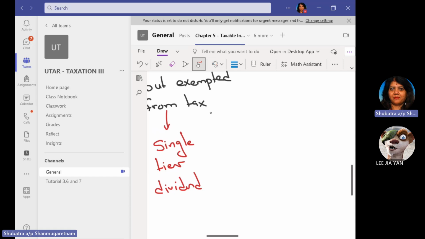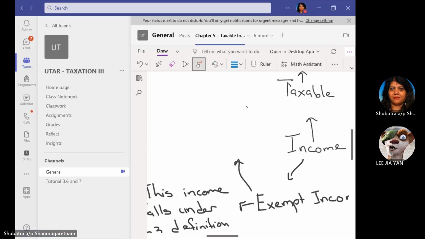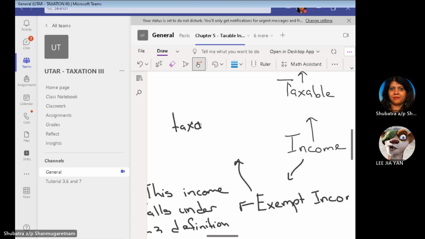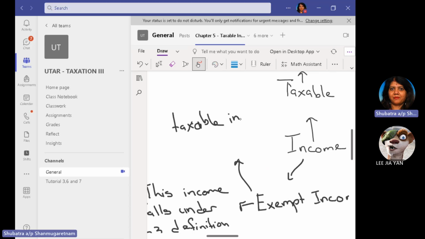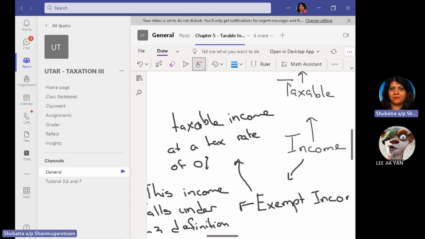Other exempted income. So the thing that you need to understand about this is that your exempt income is a taxable income at a tax rate of 0%.